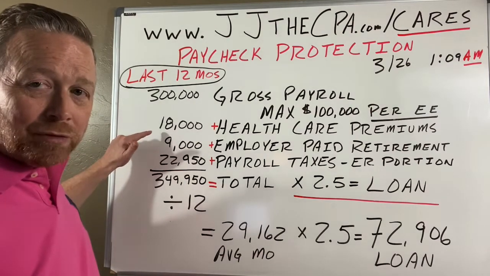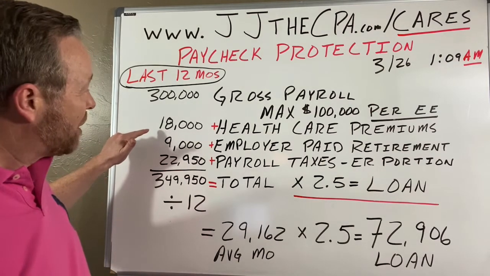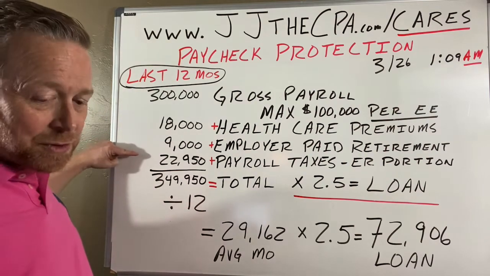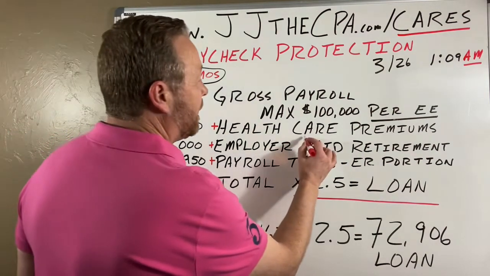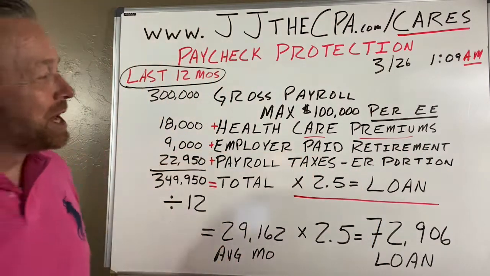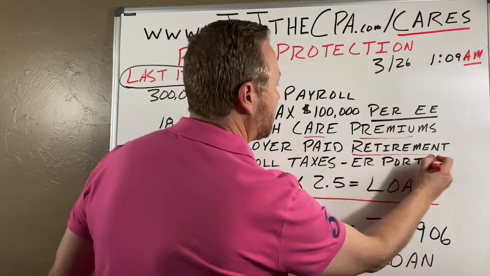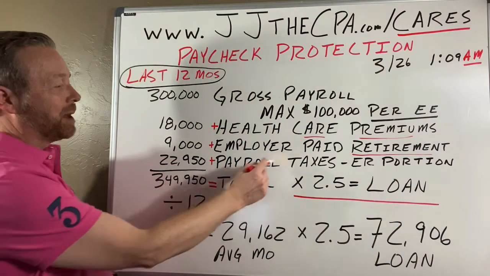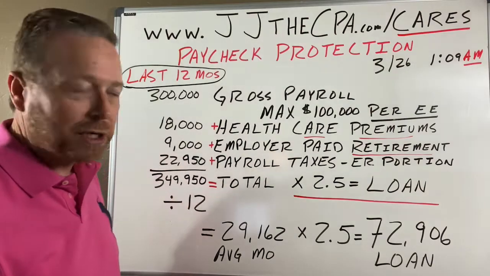If in the last 12 months there was 18,000 spent on health insurance, there would have been 9,000 that was on employer paid retirement, okay? And then $22,950 on the payroll taxes, the employer portion.